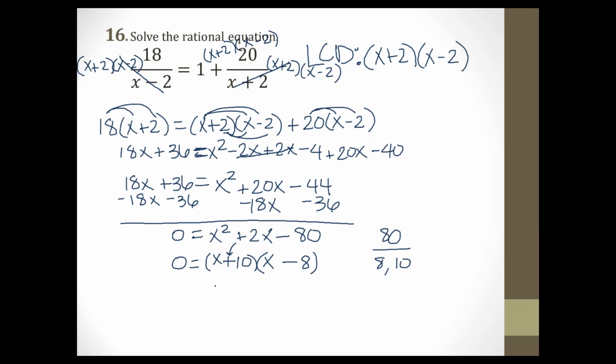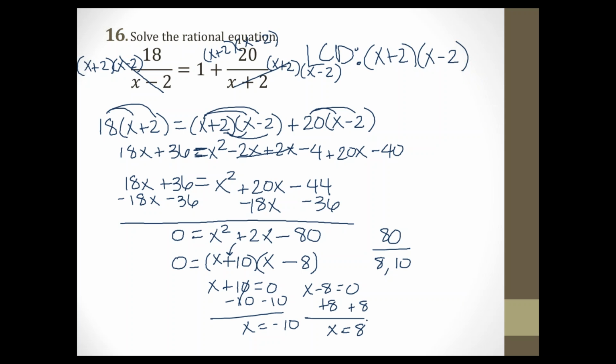And then I'm solving, so I'm going to take each factor, set it equal to 0, and solve. So if I subtract 10, I have x equals negative 10. And then if I add 8, I have x equals 8.